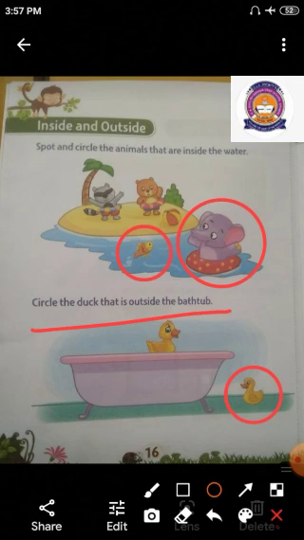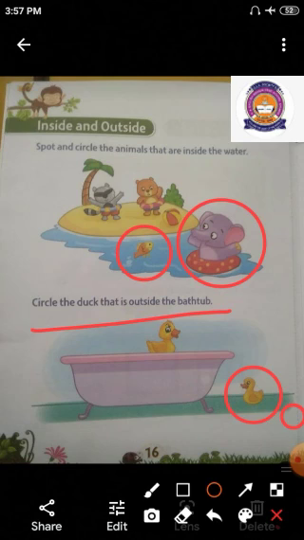The second one, circle the duck that is outside the bathtub. Outside the bathtub means the second duck is outside the bathtub. That's why you have to circle the second duck image. Okay, this is how you do this activity.